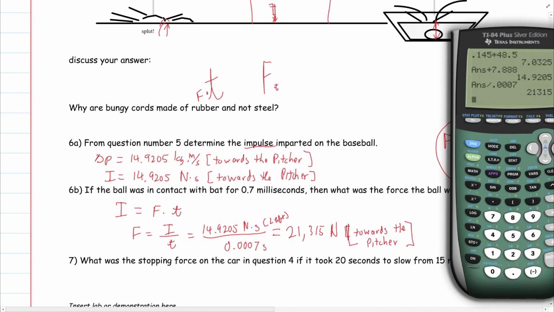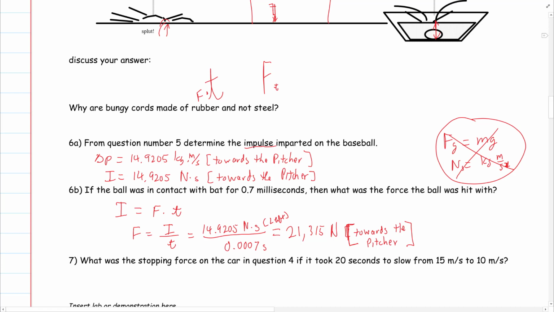And that's an amazing amount of force that the ball hits with. But of course, we're talking about the fastest pitch that's been recorded. But 21,000 newtons, kaboom. That's a big force. Massive acceleration, because force is equal to mass times acceleration.